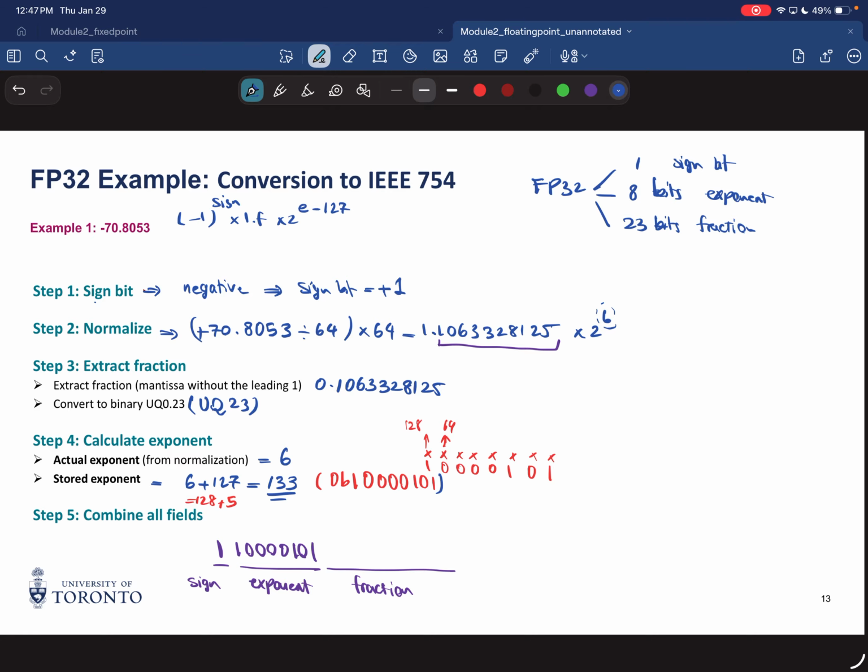We multiply it by 2 to the power of 23. And then we round it to the closest integer, right? Does everybody remember this? Okay, so now that's what we are going to do.